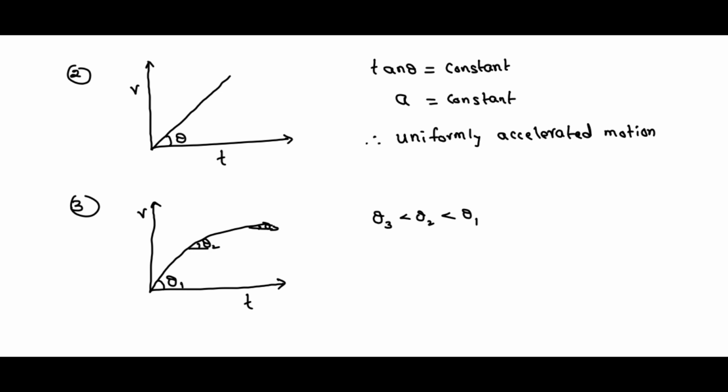That means theta is decreasing with time. That means tan theta is decreasing with time. The slope of this graph is decreasing. That means the body is moving with decreasing acceleration.